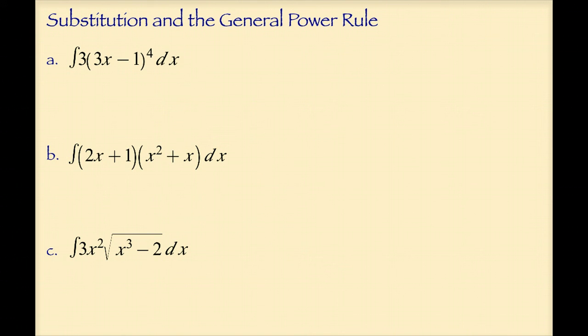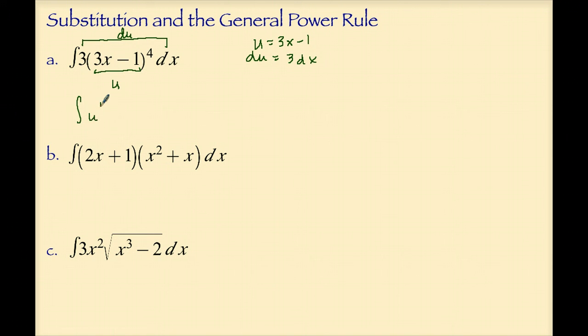Let's do a few examples. In this first integrand, we'll let u be this inner function 3x minus 1. Du then will be 3 dx, which is handy because that's exactly what we have in the integrand. u is 3x minus 1, and du is 3 dx. Let's rewrite the integrand.